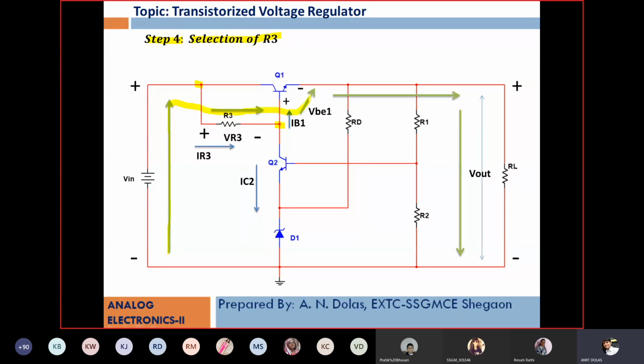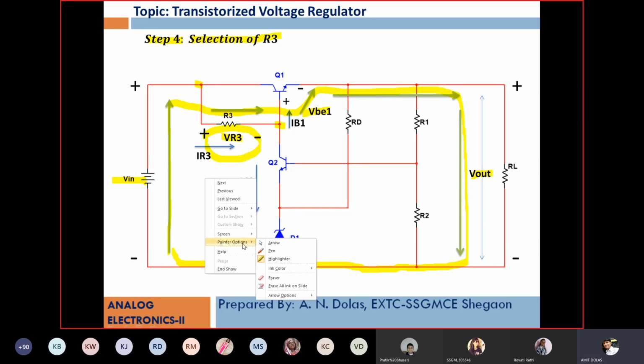So all the voltage drops in this loop, we will apply KVL. How many voltages are there? V in, then VR3, then VBE1, then V out, of which only VR3 is unknown, which is to be found in this step. That's why we are applying KVL here. If you go for KVL in this loop, I will erase the ink.